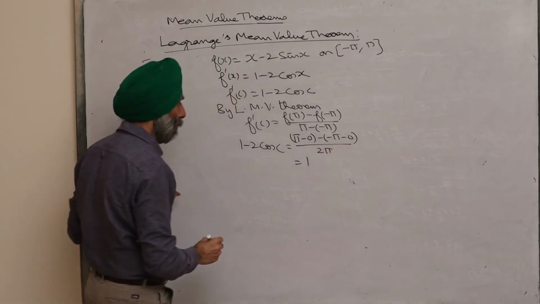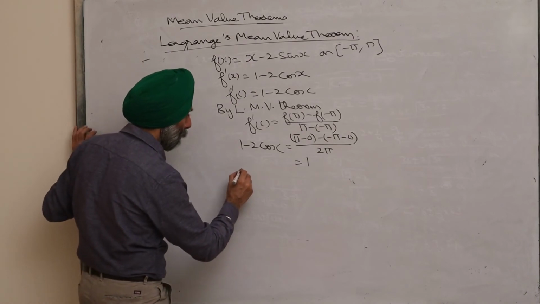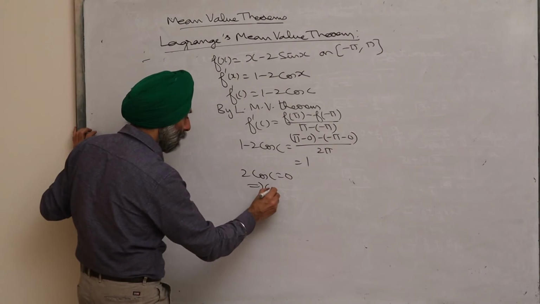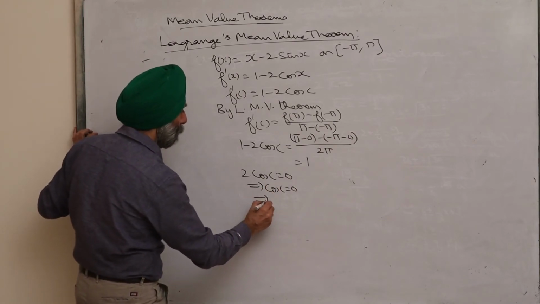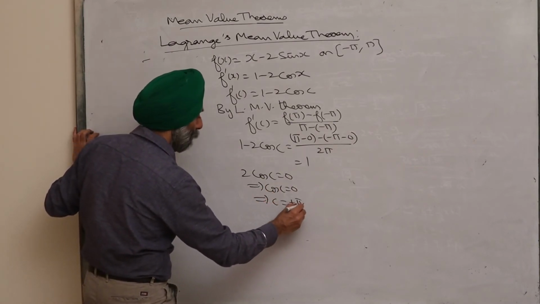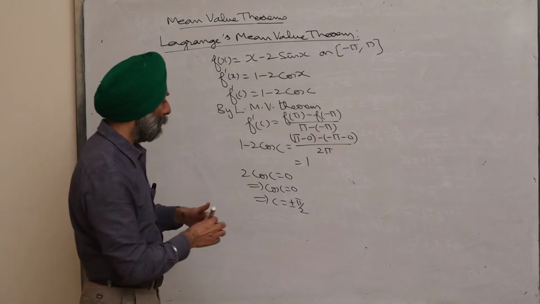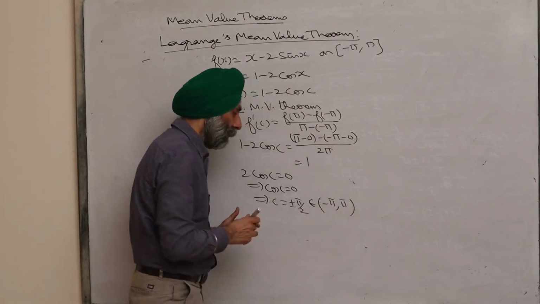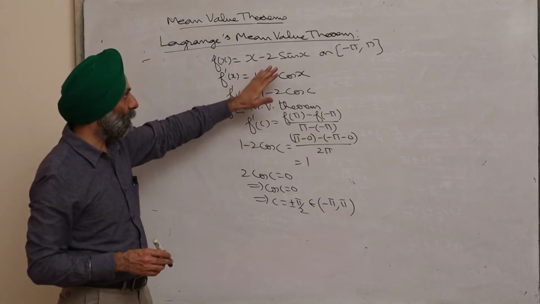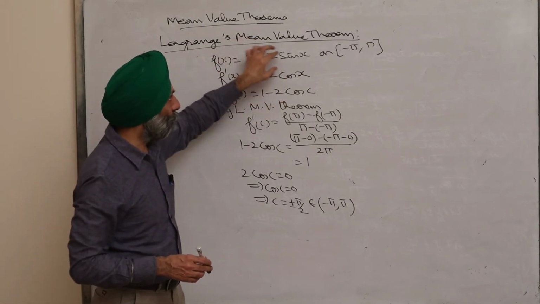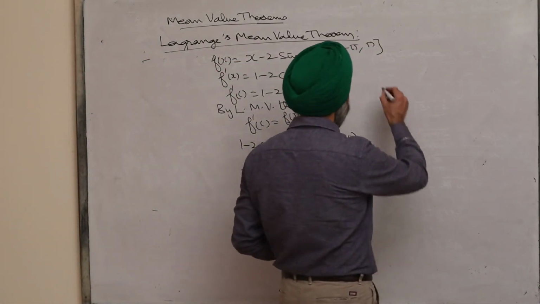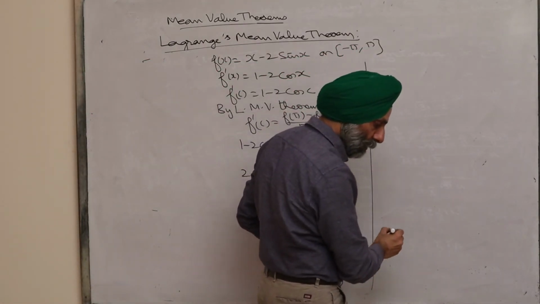What is that? It is equal to 1 here. So that implies 2 cos c = 0. This implies cos c = 0. This implies c = ±90 degrees, because both these points belong to the interval −π to π here. So these are the points lying on the curve in this interval where the Lagrange's mean value theorem is satisfied.